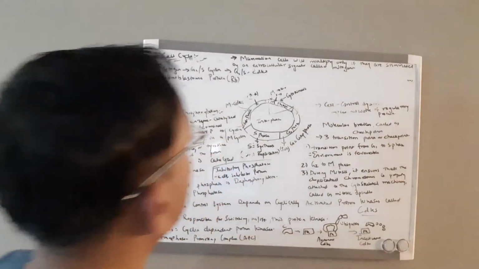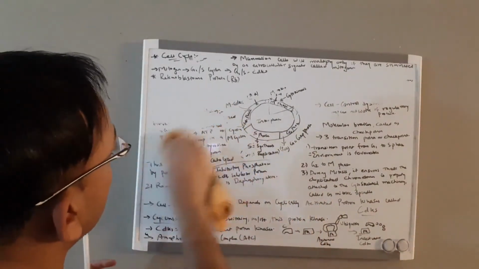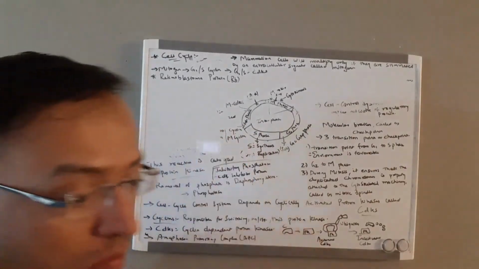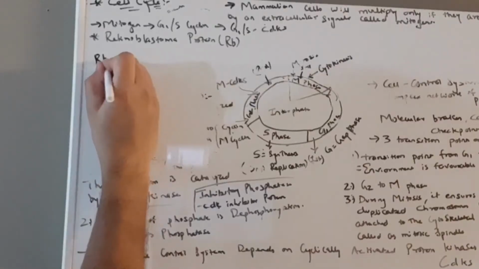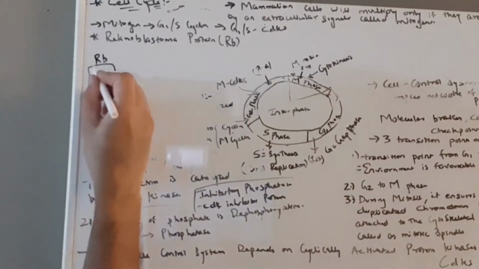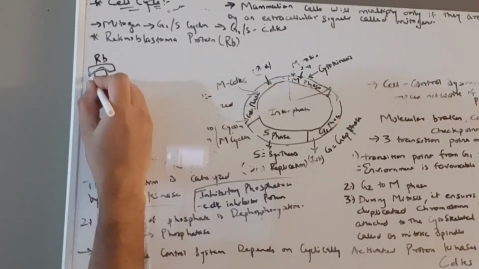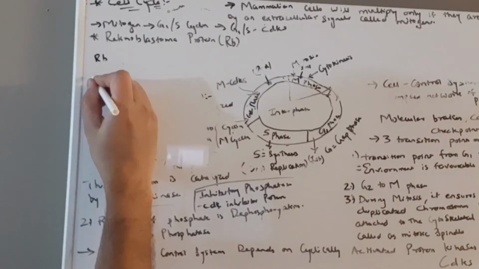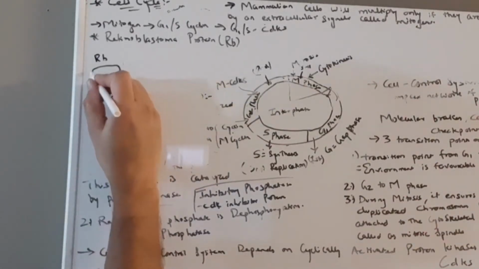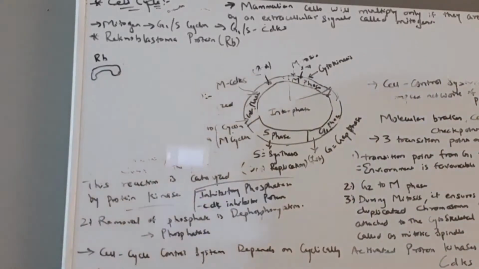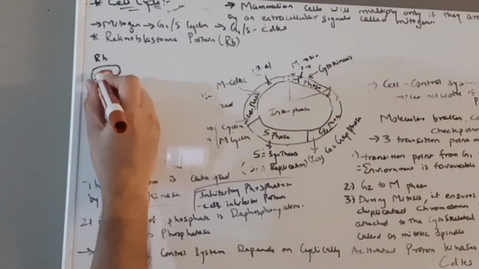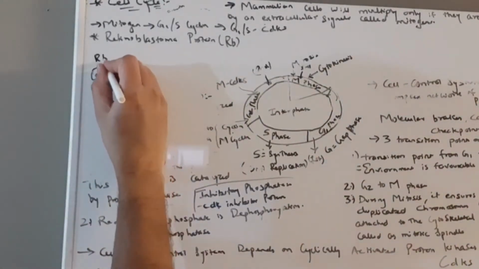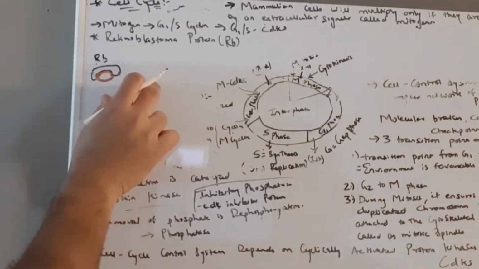So, for example, if this is RB, and I will use another one to show you. So this is an RB protein.